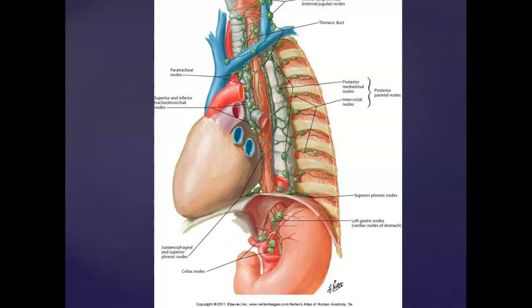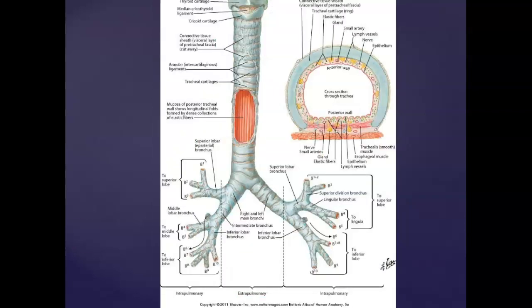As we come down now into the other part of the thoracic cavity, here's the trachea. On the top portion here, you'll be able to see, coming down from the larynx, the thyroid cartilage and the cricoid cartilage inferior to the larynx. Coming down from that is the trachea.